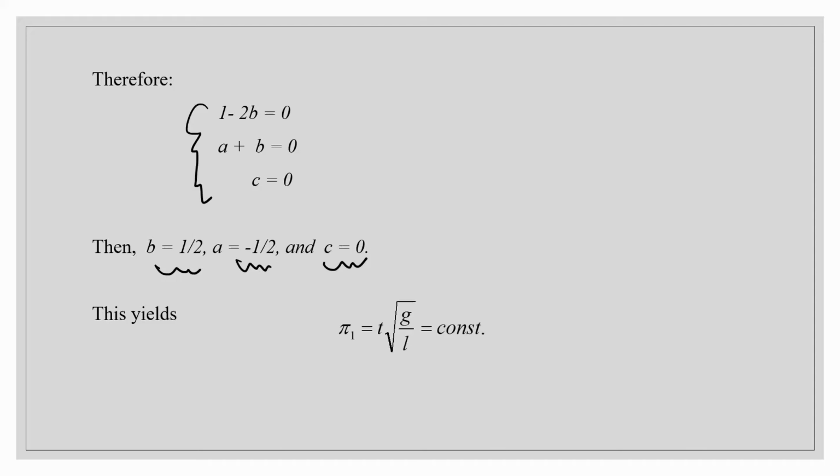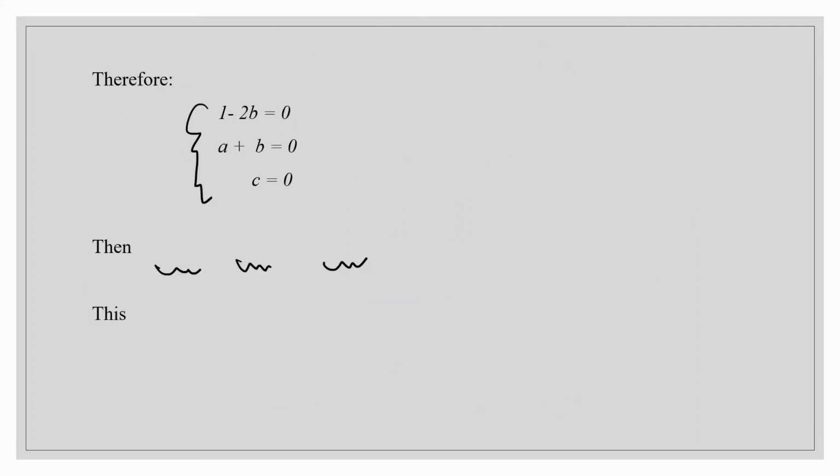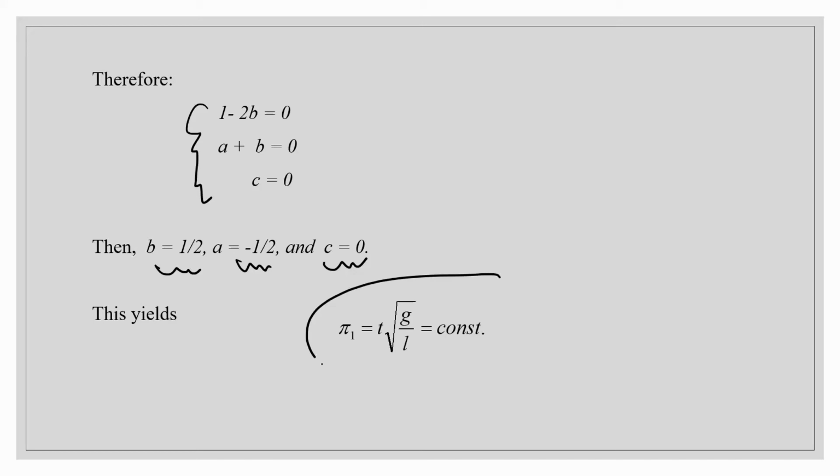Now if you put the values of a, b and c in equation a, you will get the desired relationship between the variables. You haven't used any physics, you just used the power of dimensional analysis to find the relationship between the variables.